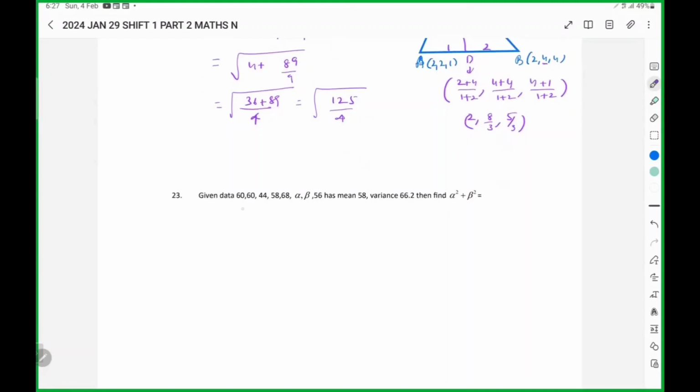Here, totally how many data values are there? 3, 4, 5, 6, 8 are there. It has a mean 58 and variance 66.2.